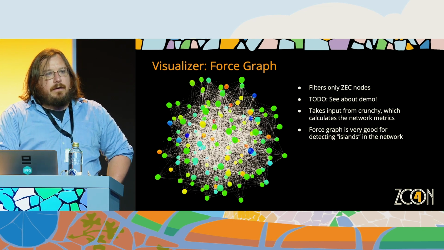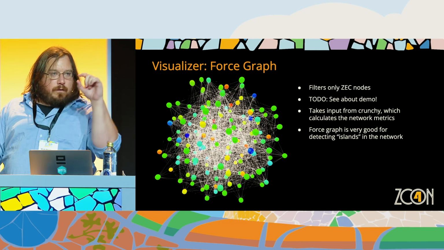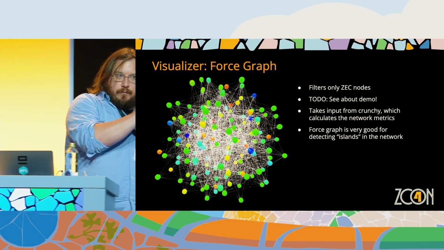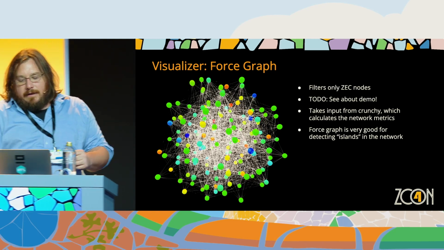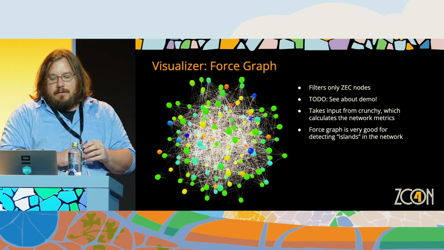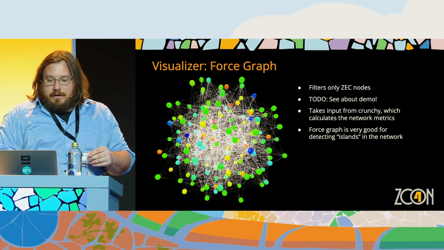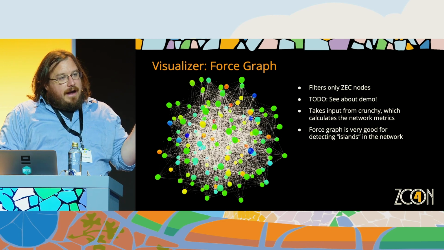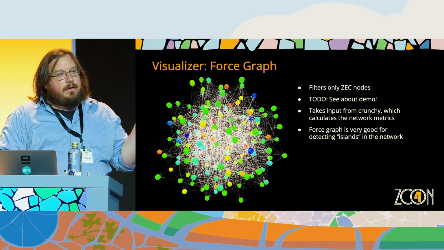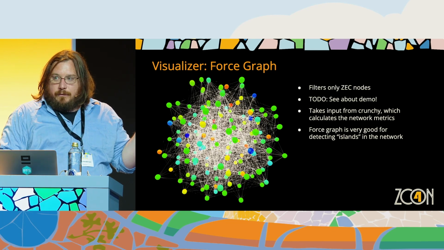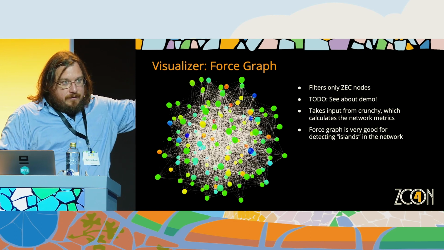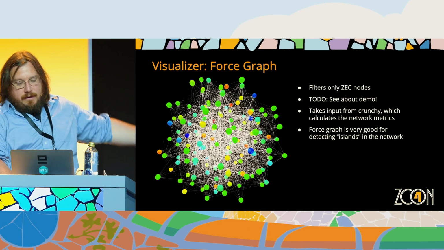So if you have a bunch of nodes over here, then one very central node, then a bunch of nodes over here, we call that an island, and typically it's to be avoided, and for the most part, the Zcash network looks pretty good. These graphs, in addition to the next one, have been filtered so they do not include the Flux node. So this is the Zcash network, the Zec network, I should say.